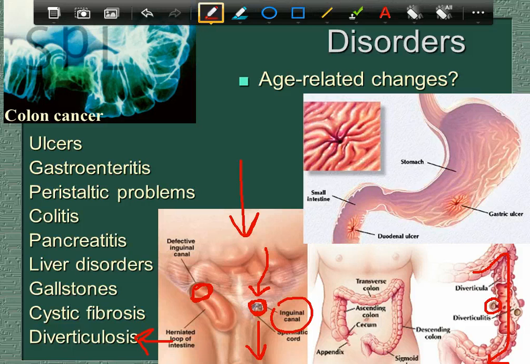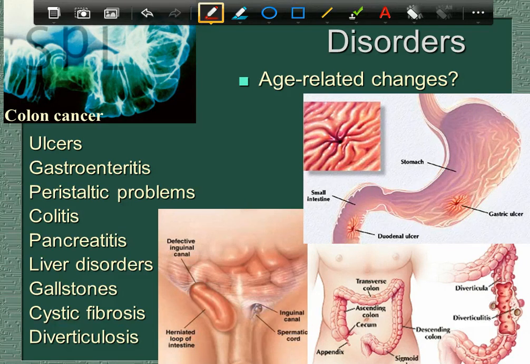So in both men and women, you have a hole here and you have a hole right over here. Now the hole on the right side over here has enlarged and a loop of the small intestine has pooched out. And this can cause discomfort, and the intestine can kind of loop and become gangrenous.